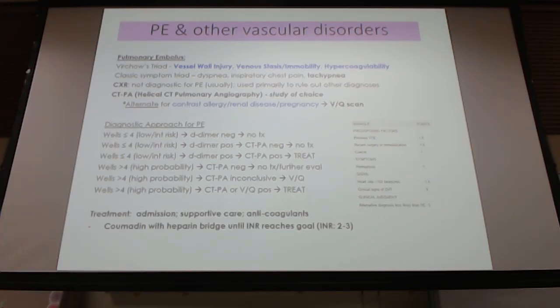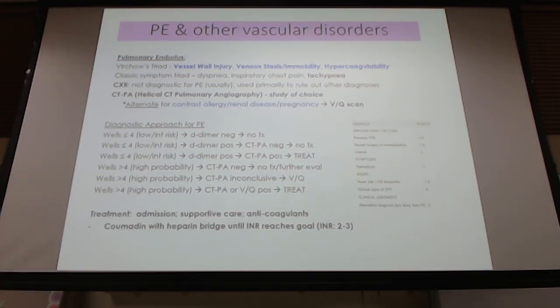Once we hit 4, then we go straight to imaging. So a patient that's very low risk, that has no history of VTE, doesn't have a history of cancer, that's not having hemoptysis, someone that's got a very, very low Wells score, we start with a D-dimer.